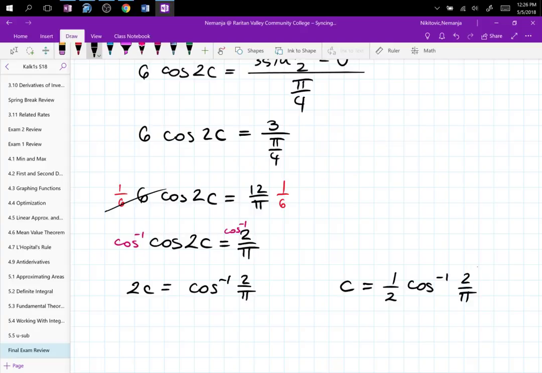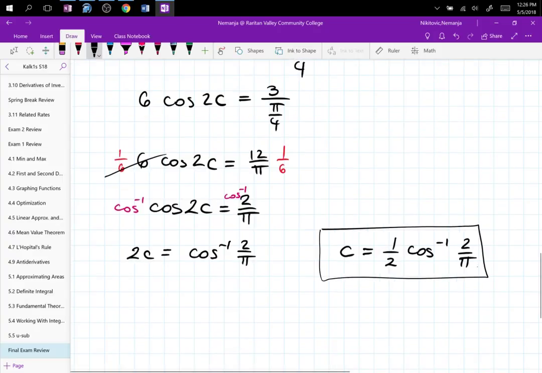Now if you set your calculator to radians you can compute and get the decimal, no one cares. This is the exact value of the point c where average and instantaneous values are the same. Bueno, so that's problem number 2b for mean value theorem.